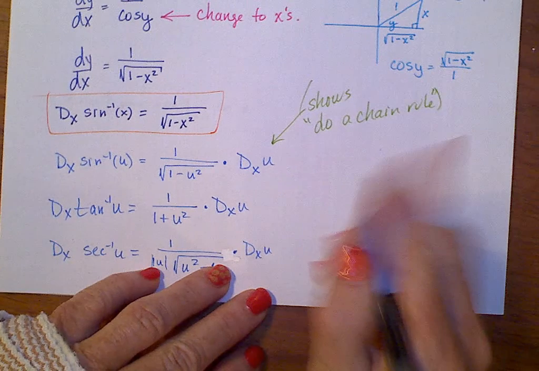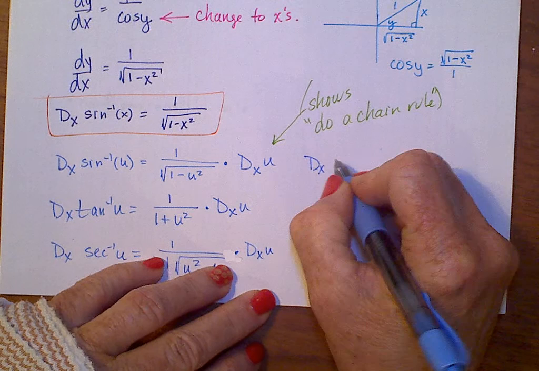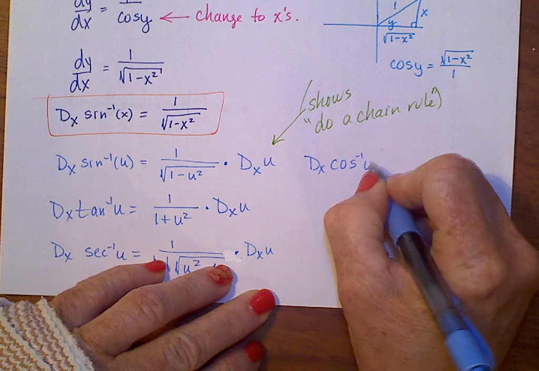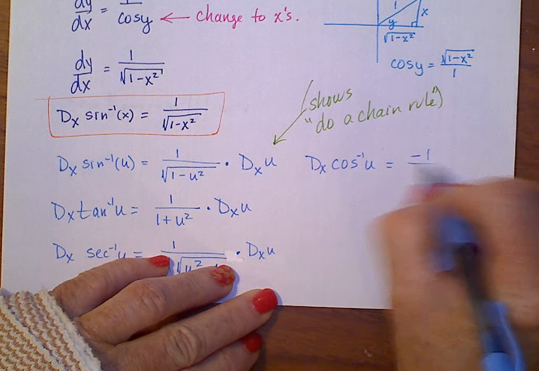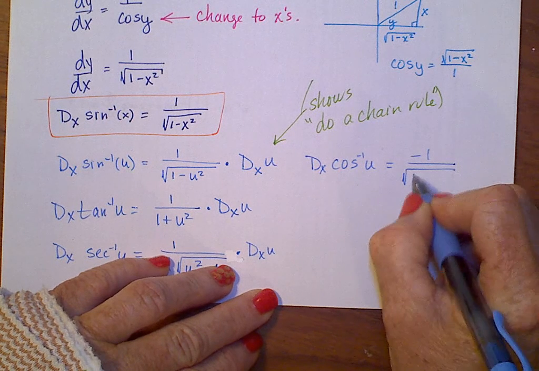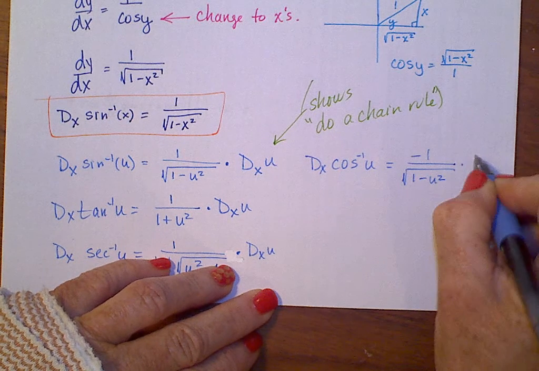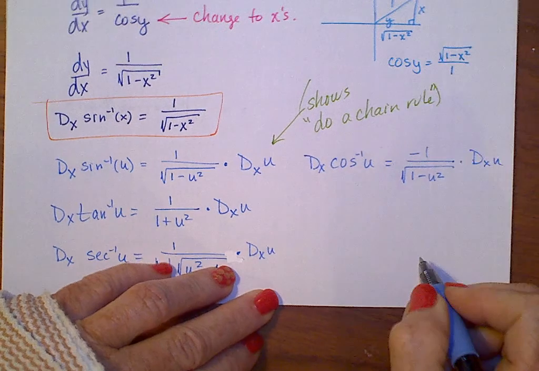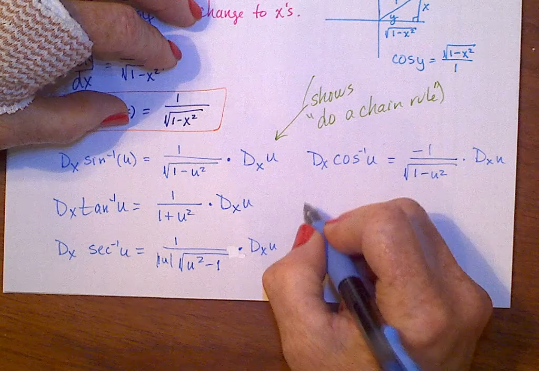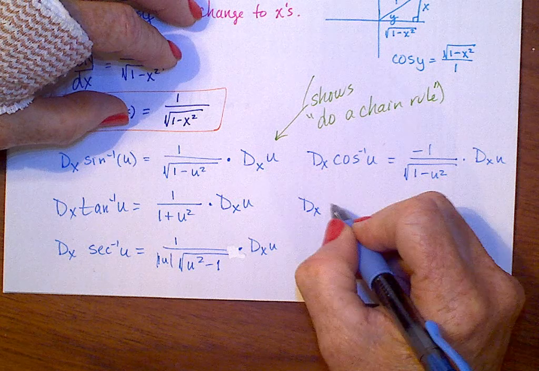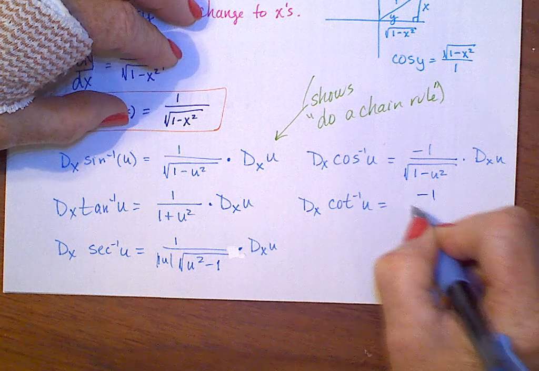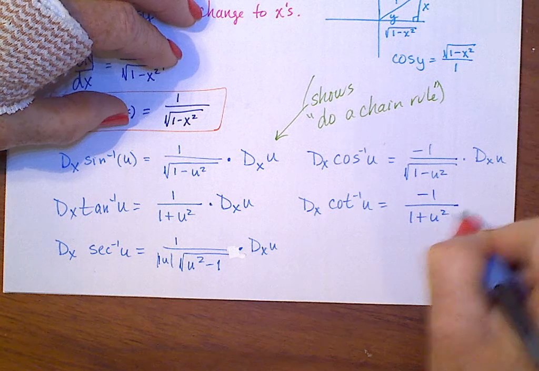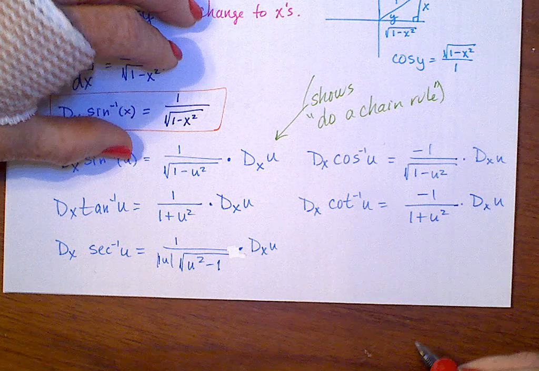Now the derivative of inverse cosine of u is negative 1 over the square root of 1 minus u squared times the derivative of u. The derivative of inverse cotangent u is negative 1 over 1 plus u squared times the derivative of u.